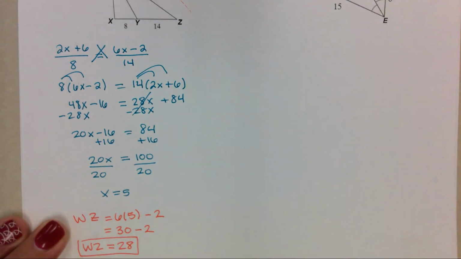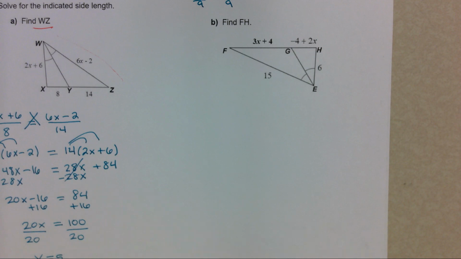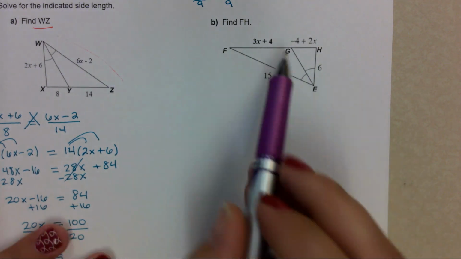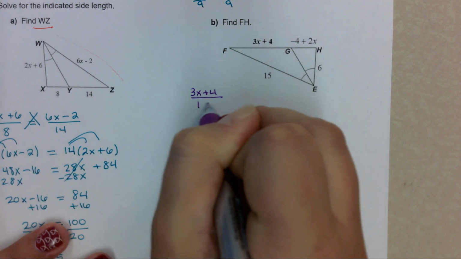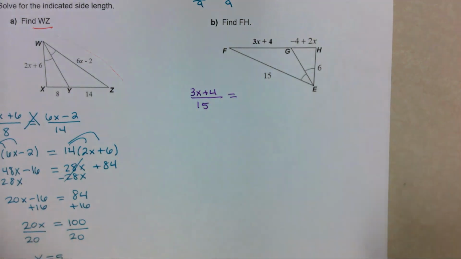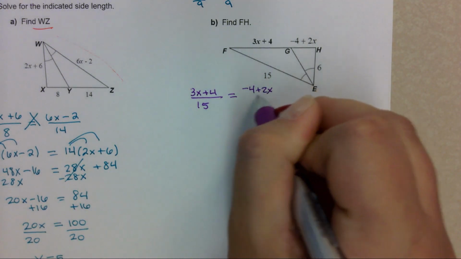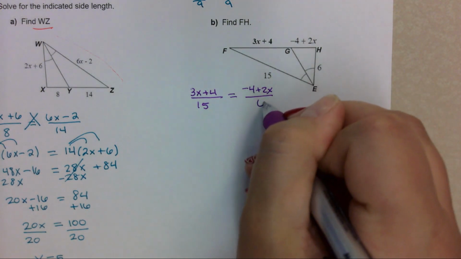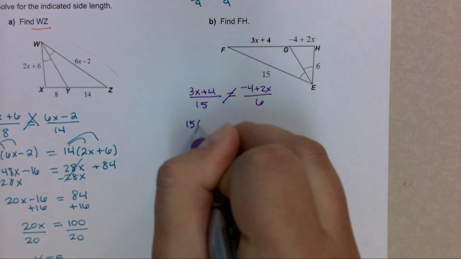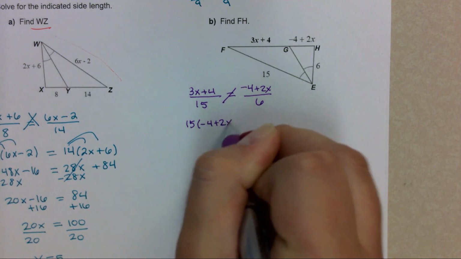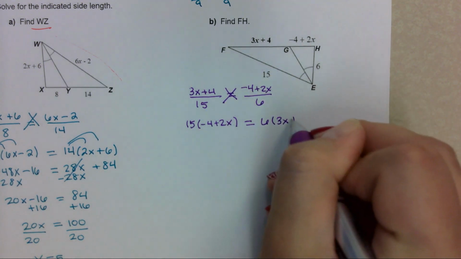And our last problem over here, I'm going to start by setting up a proportion to solve for x. I'm going to do 3x plus 4 over 15 equals negative 4 plus 2x over 6. So I get 15 times negative 4 plus 2x equals 6 times 3x plus 4.